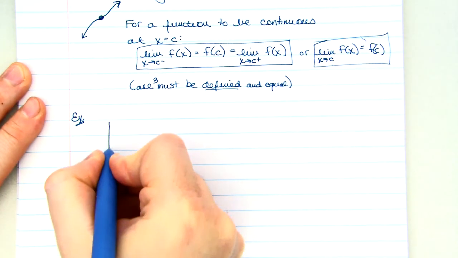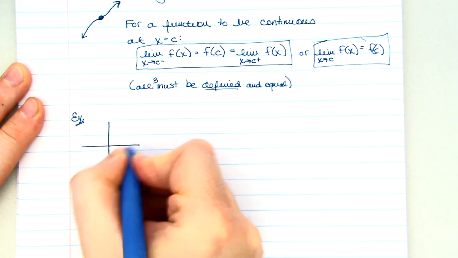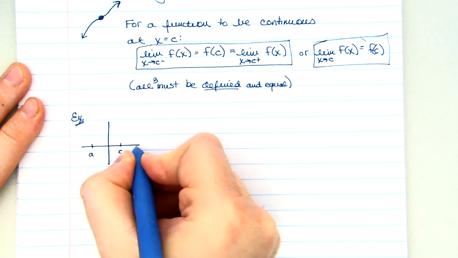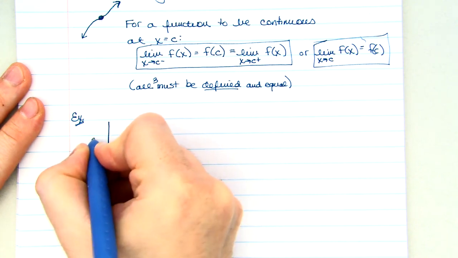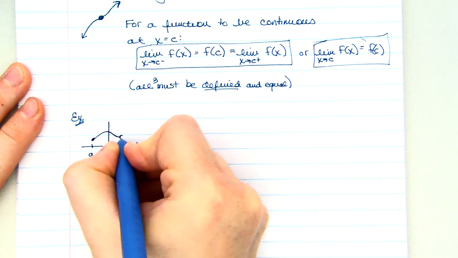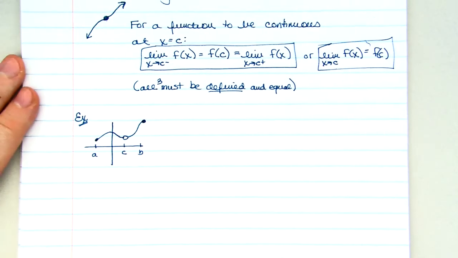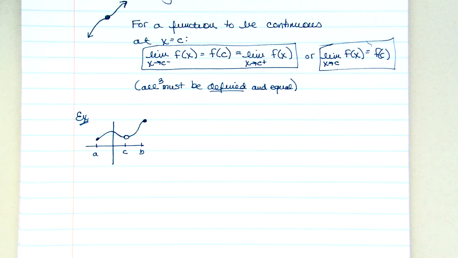For our first one, I would like to take a look at a function that looks like this. I hope you'd agree that we're not continuous at x equals c.